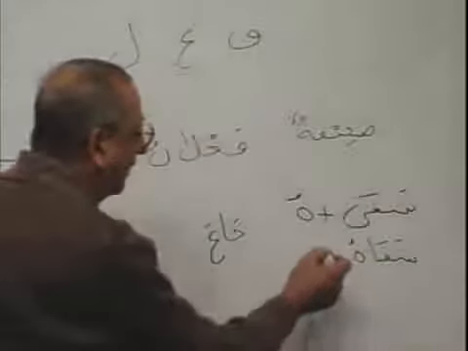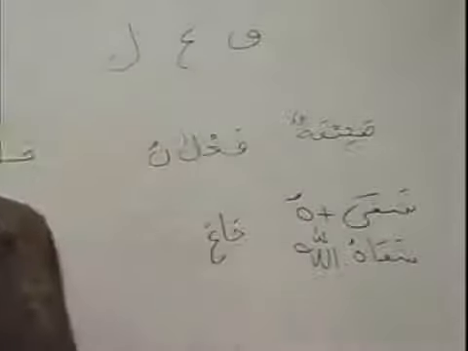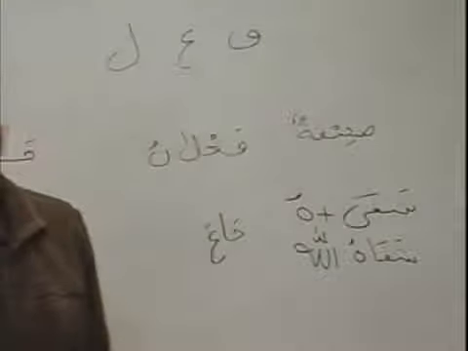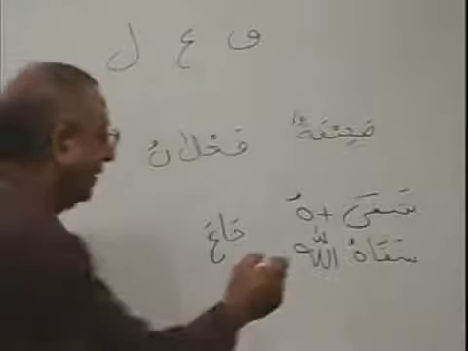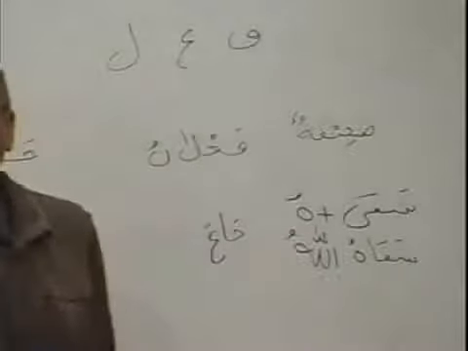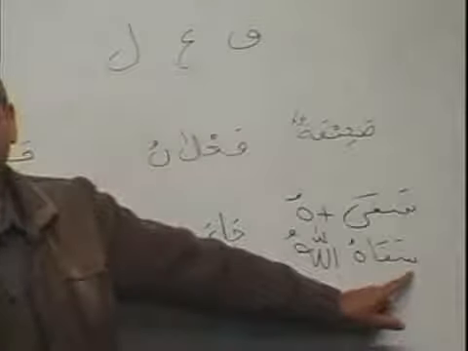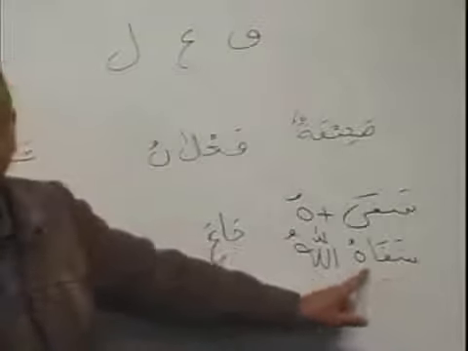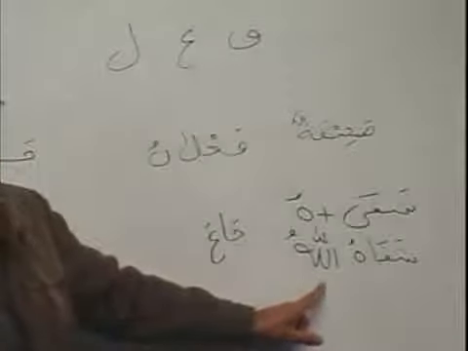Here now I am putting Shafahallah. Who is the fa'il? Fa'il, marfu. So now where is the verb? Shafa. And what is this? Maf'ulun bihi. And what is this? Fa'il. Inshallah, you will remember.